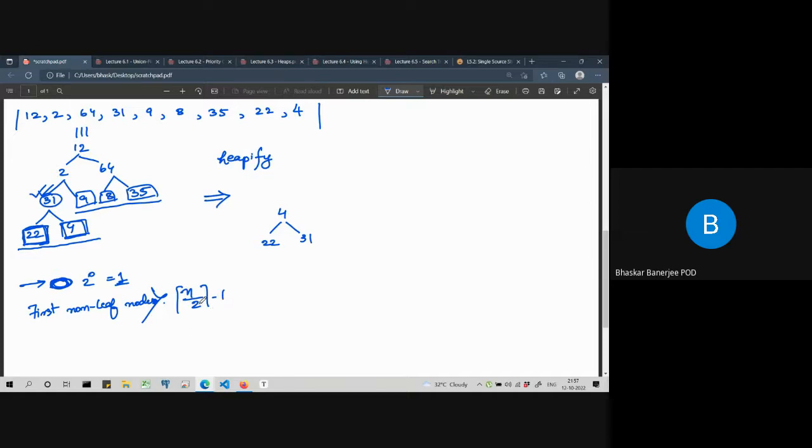Let me check for this. There might be a little bit of change in the end cases, but let me just confirm it. There are 9 nodes, right? So if I do 9 by 2, that would be 4.5, which is 5 with the ceiling, minus 1, which is 4.